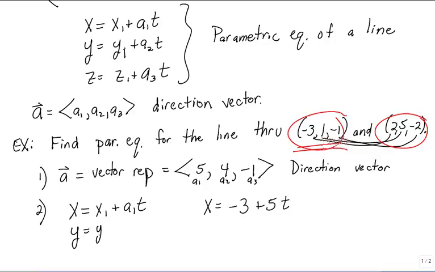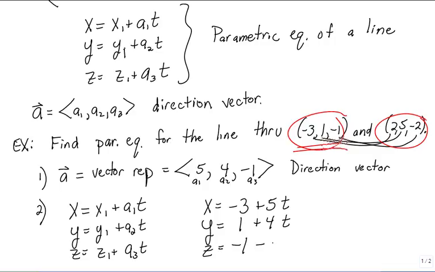Y is y1 plus a2t. So here y is 1 plus 4t, and z is z1 plus a3t. So z is -1 minus 1t. So these are the parametric equations for that line.